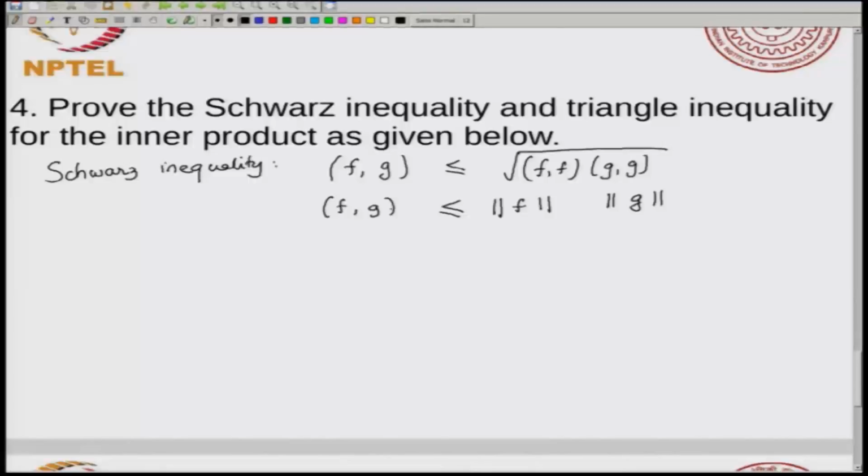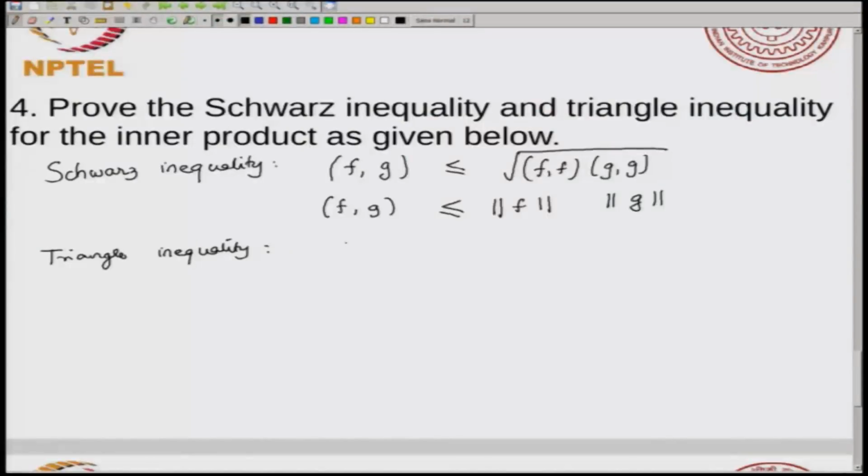The triangle inequality, okay, is like saying that the sum of lengths of two sides of a triangle should be greater than or equal to the length of the third side. Okay.